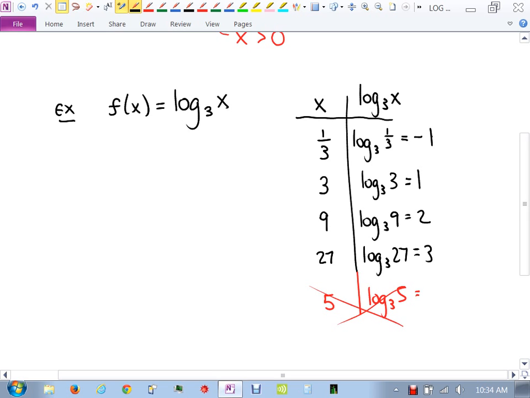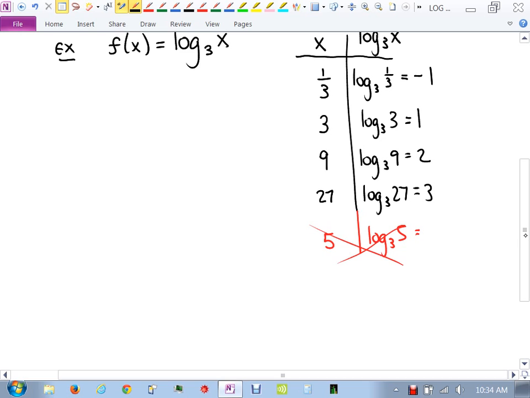What would be another fraction I could use? 1/9? Because log base 3 of 1/9 would be what? -2. And then another good one would be 1/27. That'd be -3. Make sense or not?